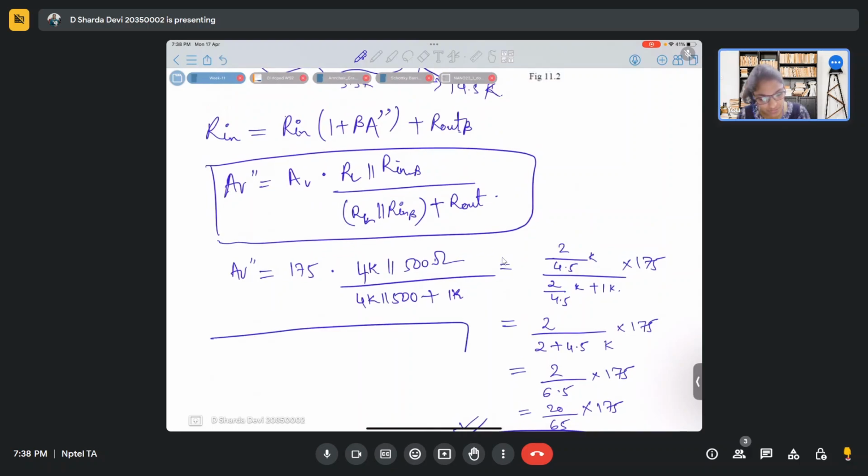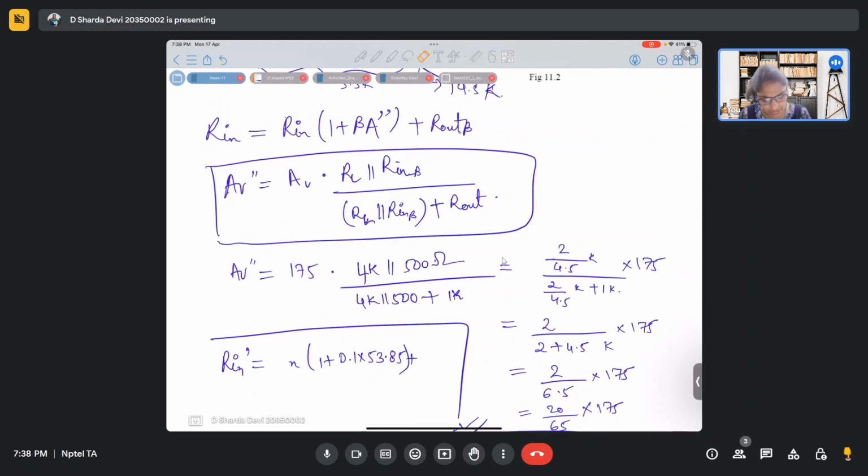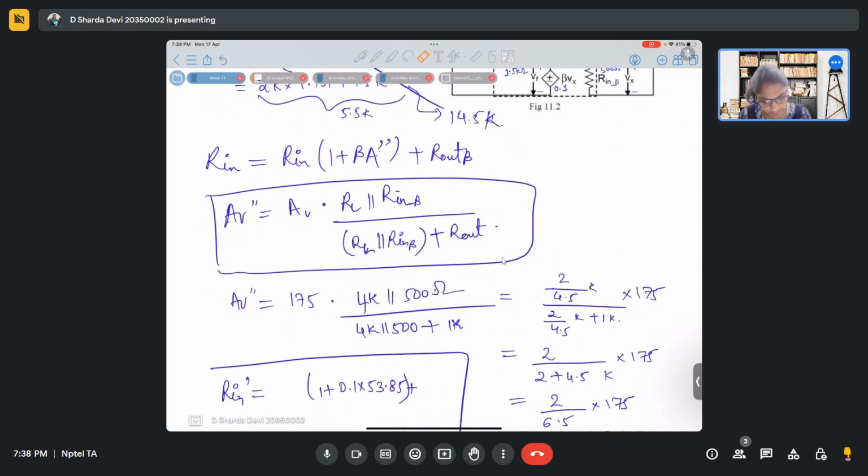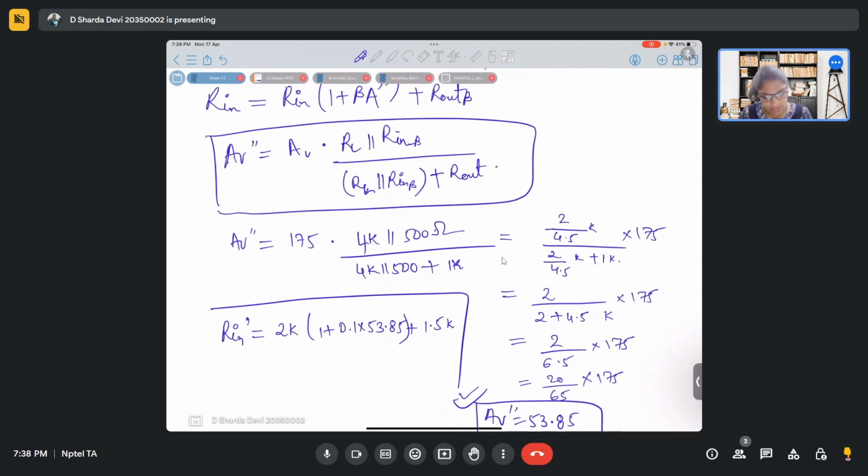Once we substitute that, R_in' will be R_in times (1 plus 0.1 into 53.85) plus R_out beta. This R_in was 2k and 1.5k. So it is 2k into 6.385 plus 1.5k.